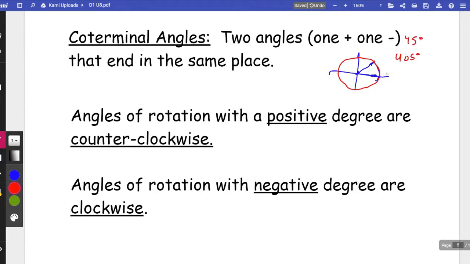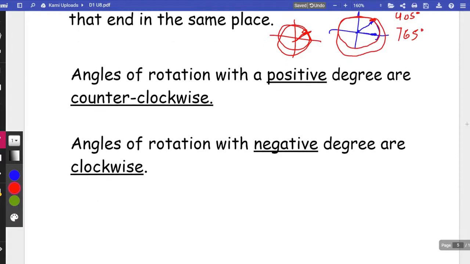And if I added 360 again, all that's really happening is that we just go around again and end at the same spot. That's what another 360 is, 765. We could tell that this is exactly the same spot. 765 would be do 2 circles and then end with 45 degrees. So you can have an infinite number. You can just keep on adding 360 or keep on subtracting 360.